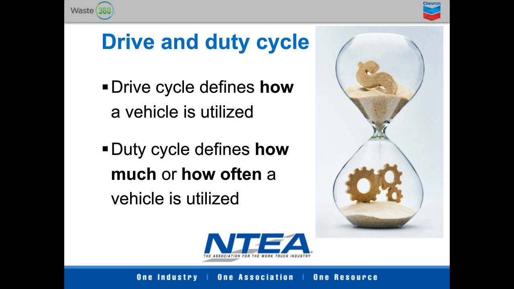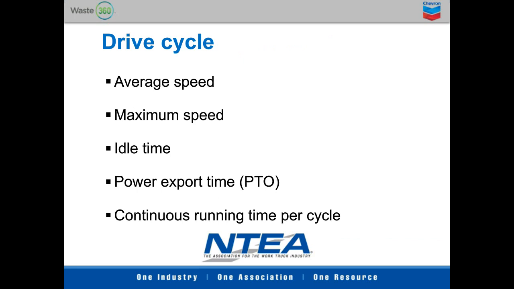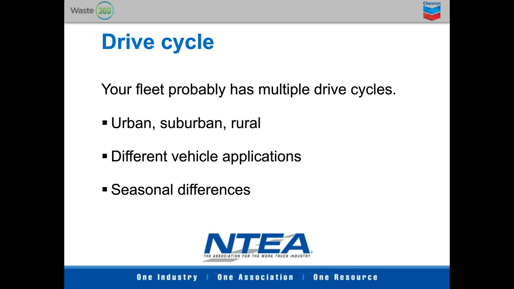So, in basics, a drive cycle is a graphical representation of a series of data points, and this can represent maximum speed, average speed, starts and stops, PTO time, power export time, and it shows us how our vehicle is being used. Your organization probably has multiple drive cycles, whether this is seasonal, suburban, or a rural area, and this can affect your vehicle application.